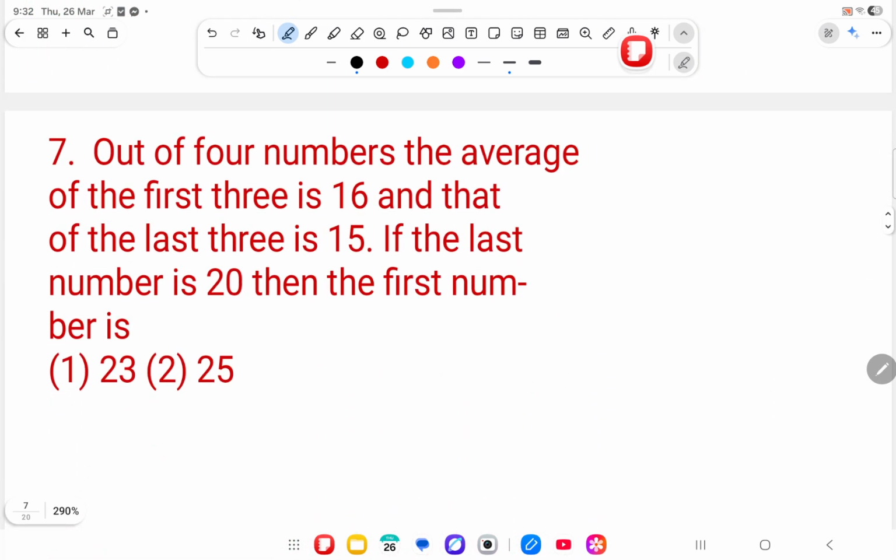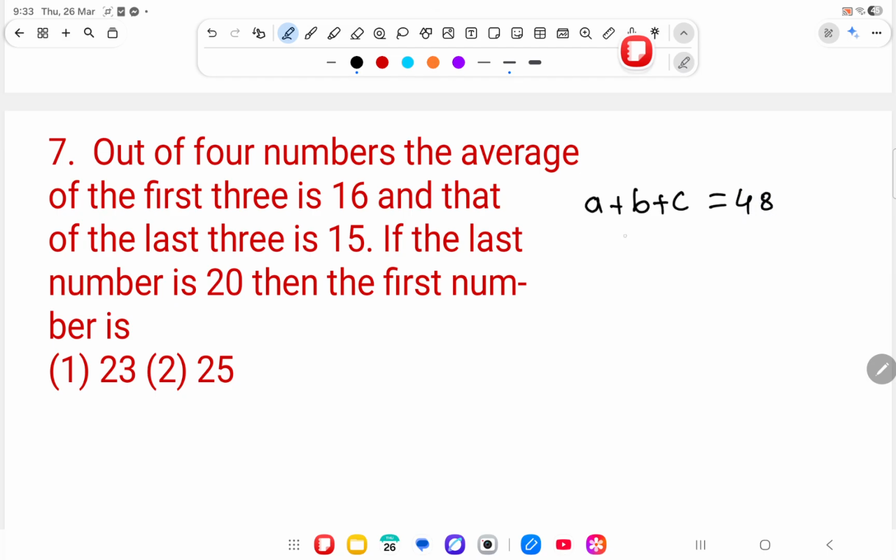Then out of 4 numbers, the average of the first 3 is 16 and that of the last 3 is 15, and the last number is 20. For the first 3, a plus b plus c divided by 3, if I transpose to the right hand side, it becomes 16 into 3, 48.